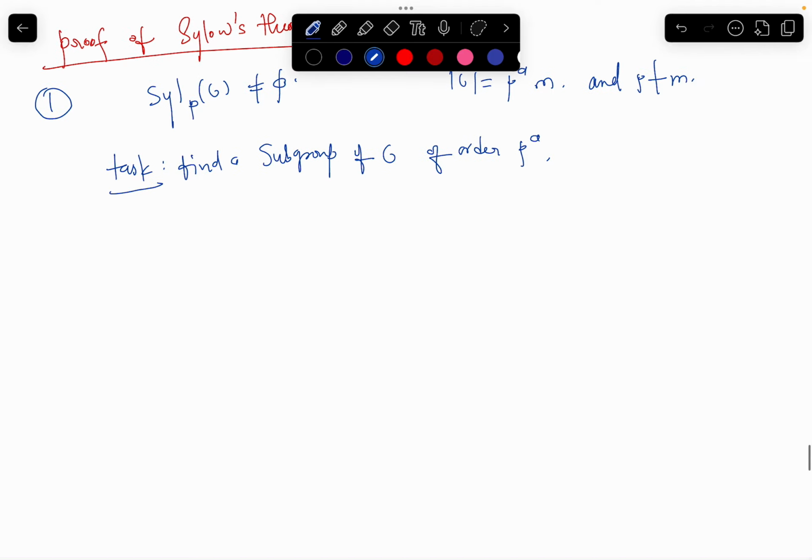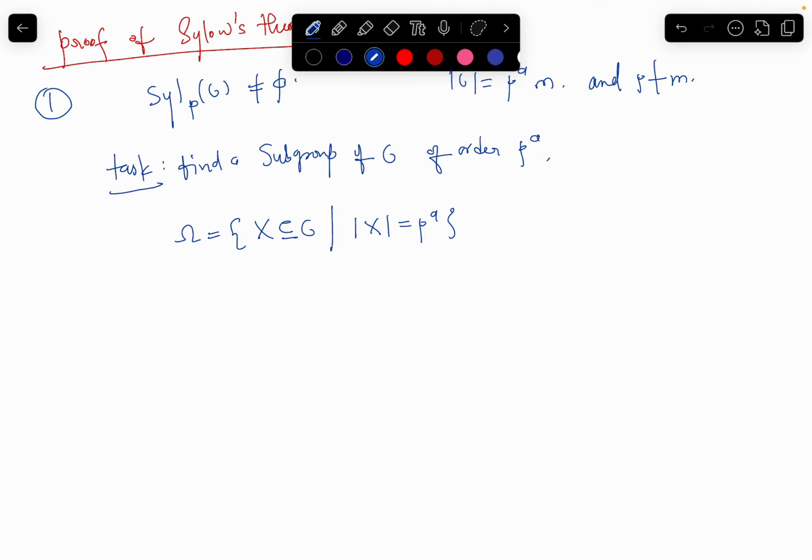To prove that, the proof is not quite straightforward. In fact, it starts by looking at the following set, that is the collection of all subsets of G. Note that these need not be subgroups of G, but they are a collection of subsets such that the size of each subset is p^a.